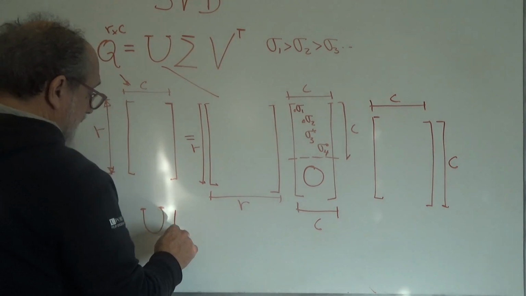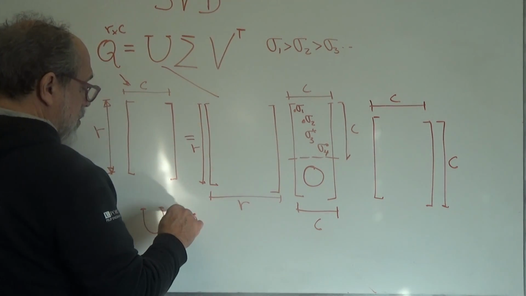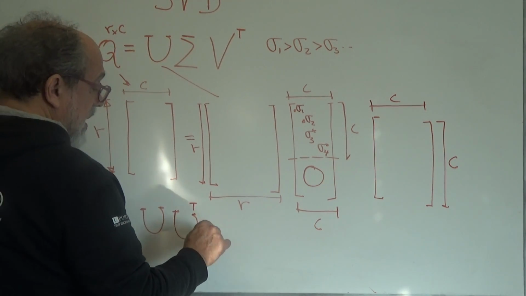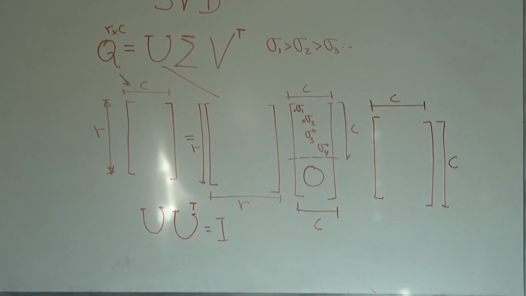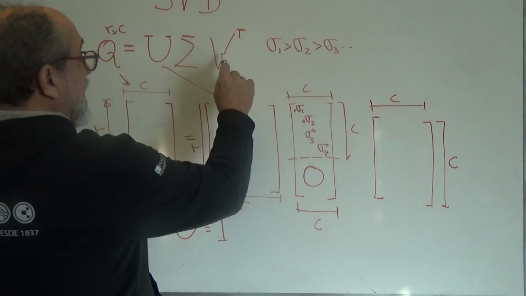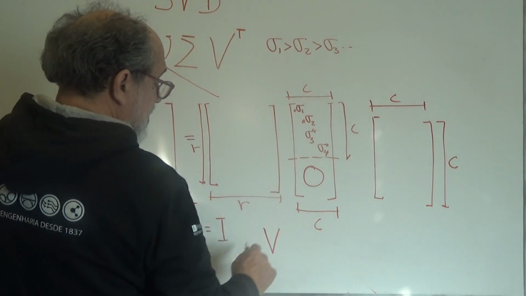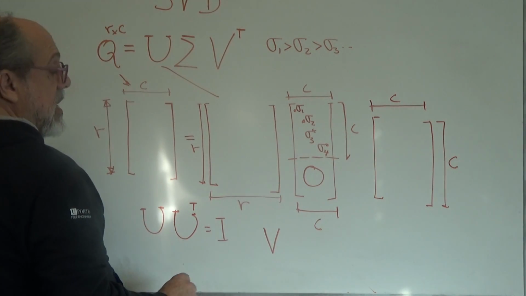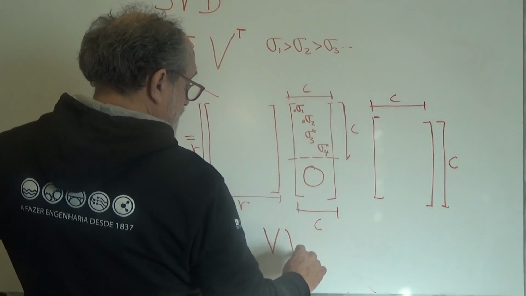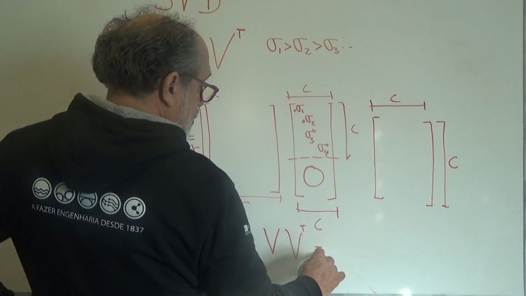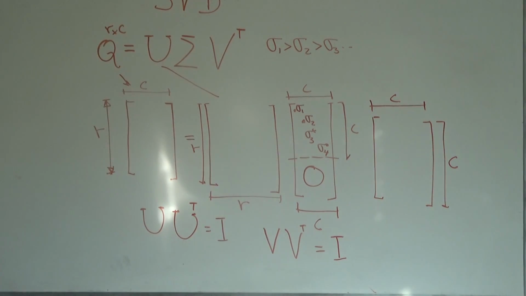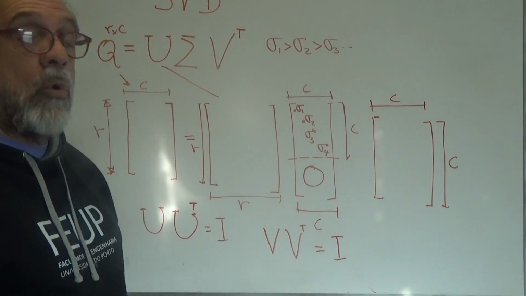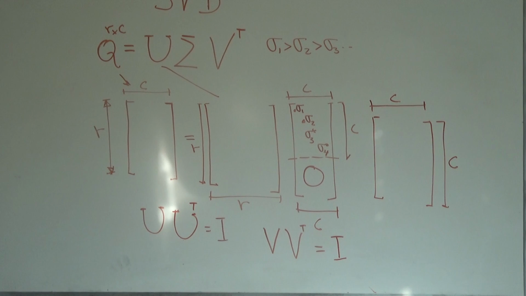So we can say that U times U transpose is the identity, and it also is true that this matrix is such that V times V transpose is also the identity, and therefore both U and V are orthonormal, okay, or unitary in the case of complex.